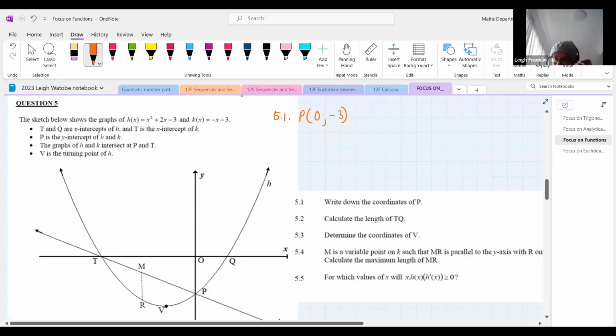Gugu, how did you know that the coordinates at P were 0 and -3? What were you looking at? When we're looking for the y-intercept, we let x be equal to 0. Did you do a calculation?